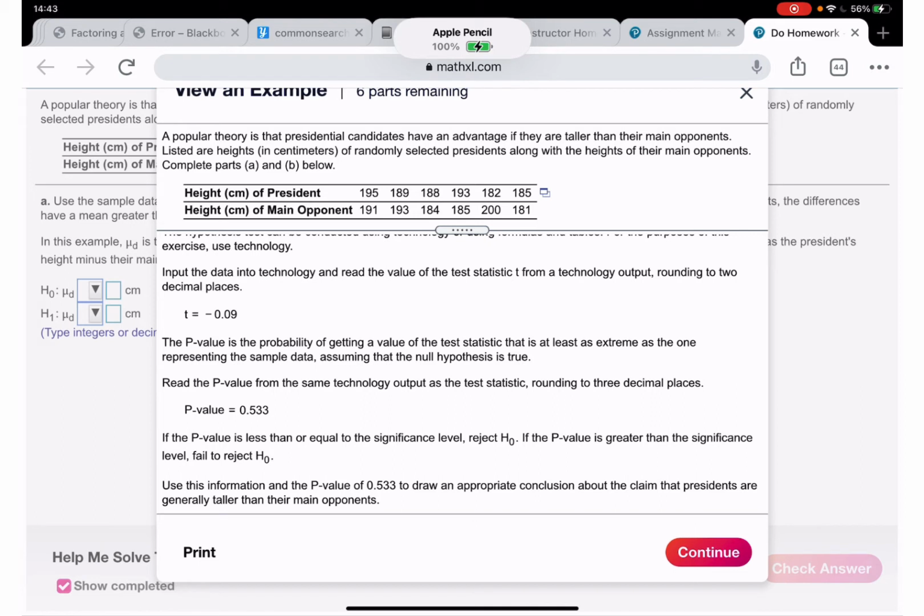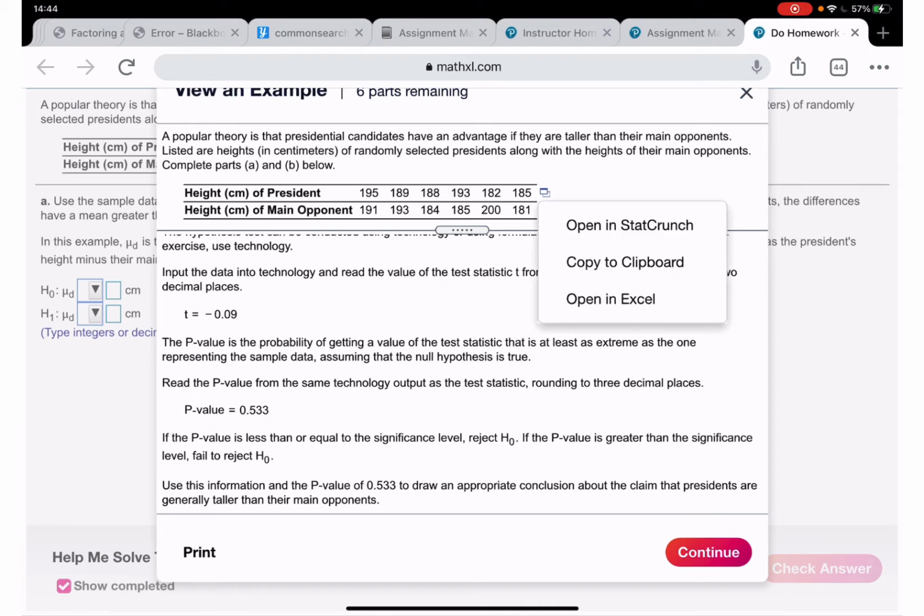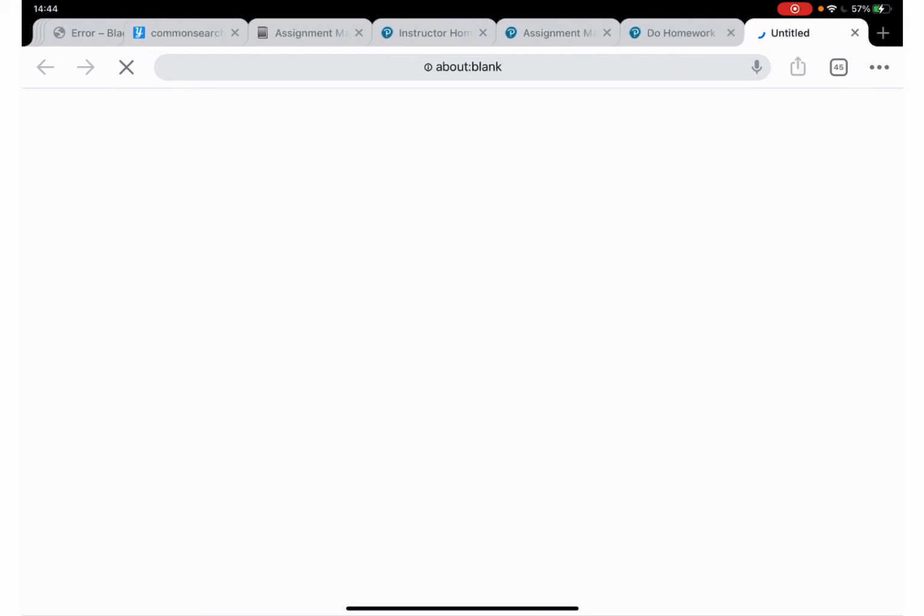In this problem, we have to find the test statistic. In this case, I see the test statistic is equal to negative 0.09, and the p-value is equal to 0.533. Okay, let's go to StatCrunch. I'm showing step by step how you're going to do it. Clicking on this rectangle, opening in StatCrunch.